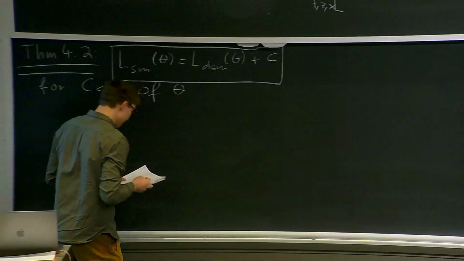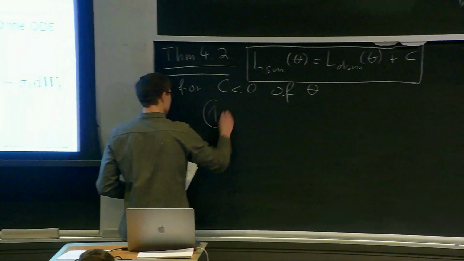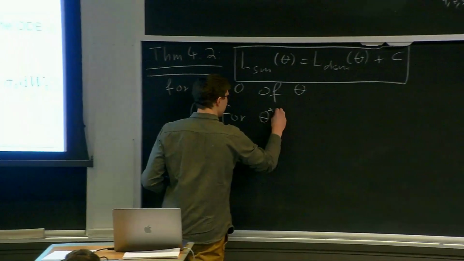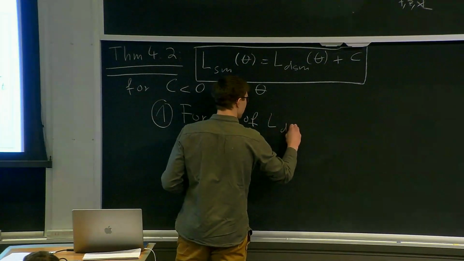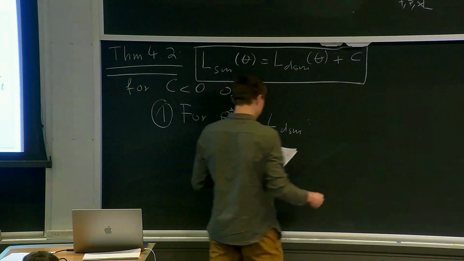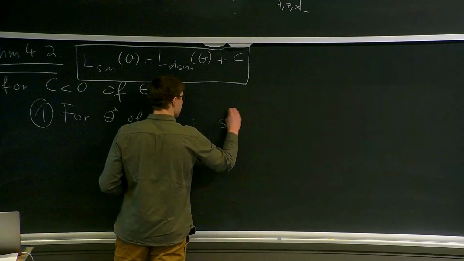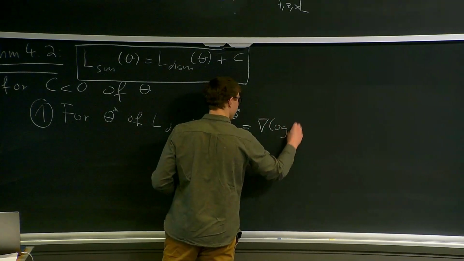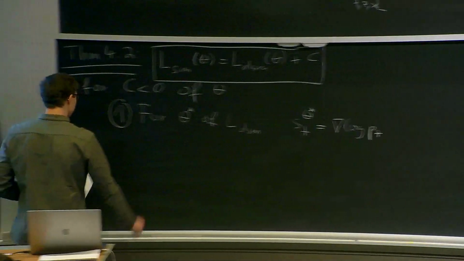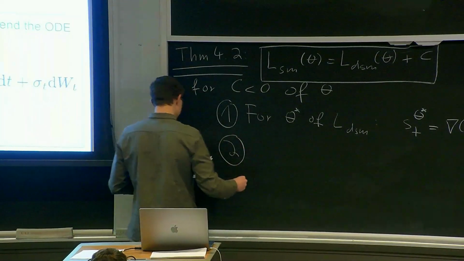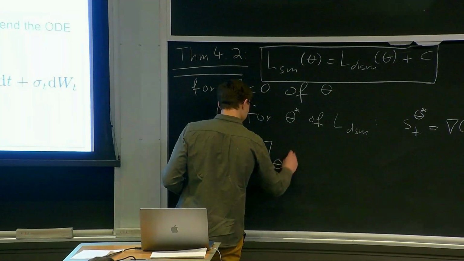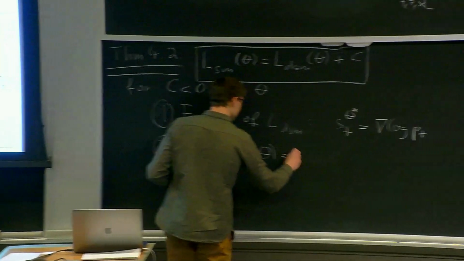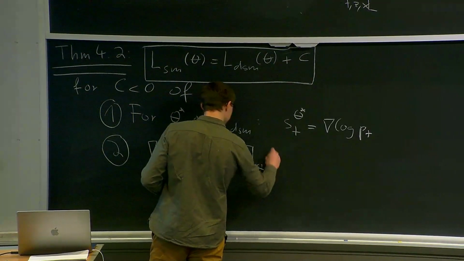Just to reiterate, first property: the minimizer of the denoising score matching loss fulfills that the corresponding score network is equal to the marginal score. And the same thing holds again, that the gradients are the same.